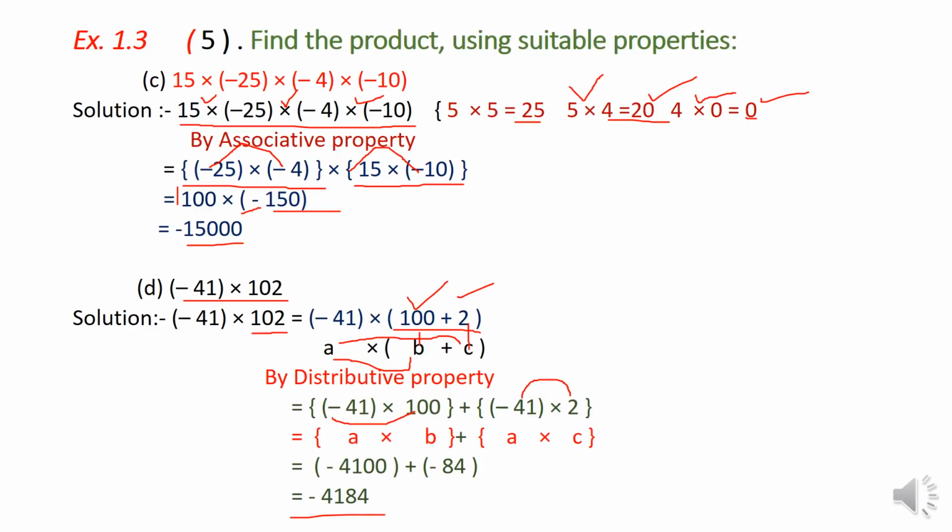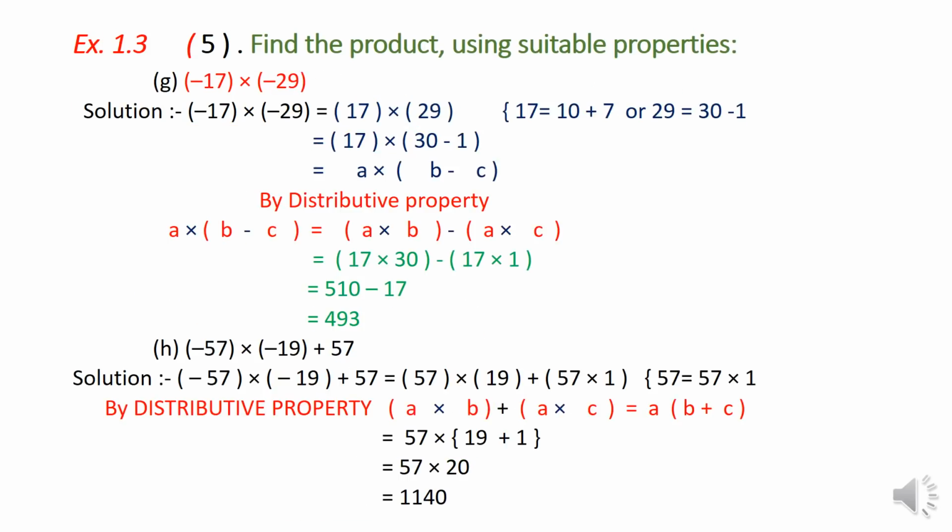4184. Now, let us consider the next question from exercise 1.3, that is question number 5, its G option. Here we are going to consider the G question, minus 17 multiplied by minus 29. Now, let us distribute minus 29.